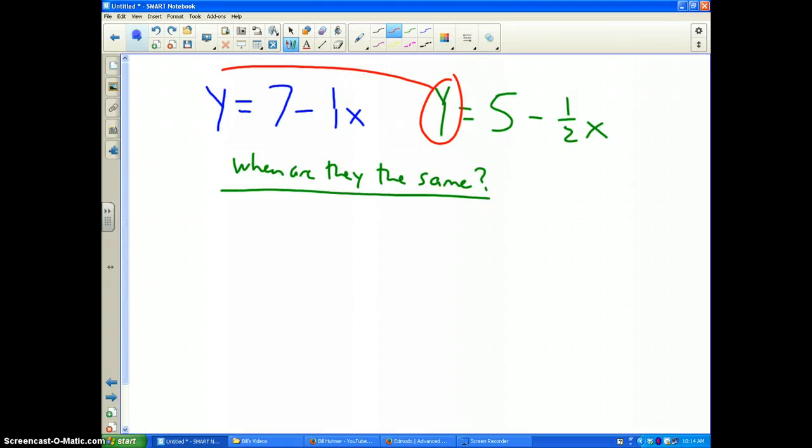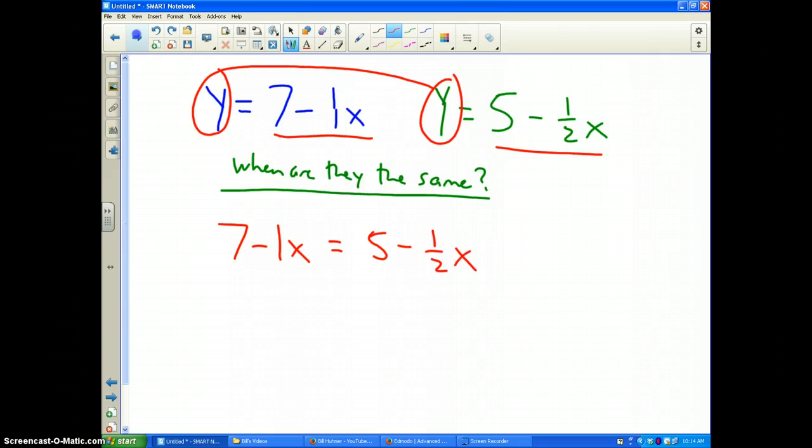That y value and this y value are the same. Therefore, the two equations have to be equal. So I guess this problem is really asking you, when is 7 minus 1x equal to 5 minus half x? And anytime they ask you, when are they the same, or at what point are they the same, you can set the two equations equal to each other.